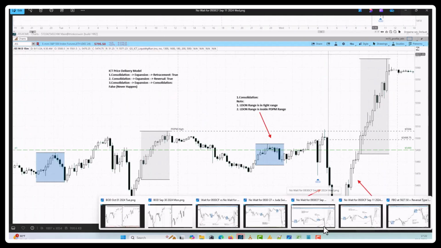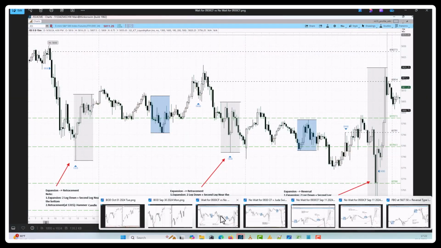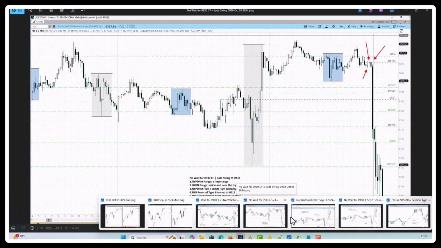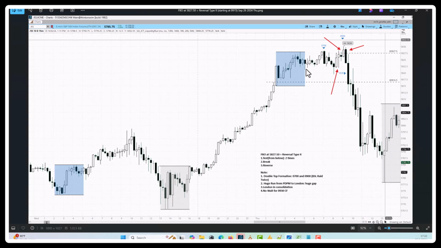But for example, we have on September 26. Go back to September 26, please. Oh, right here. So it's just one raid, but it raided both highs right here.